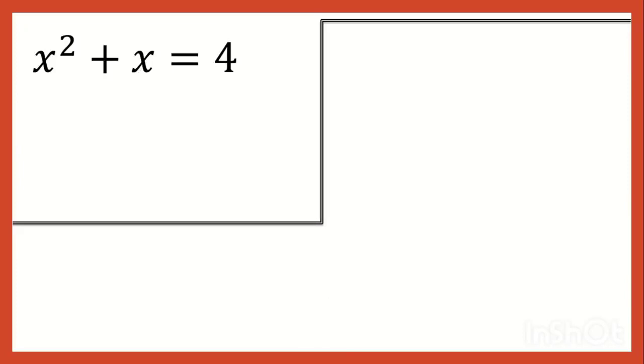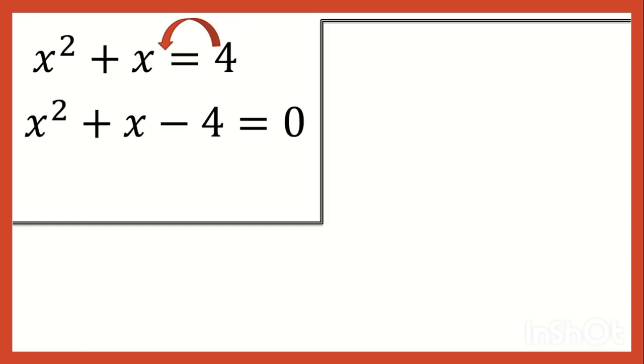Next, how are we going to write a quadratic equation into standard form? So remember, our standard form must be written in ax squared plus bx plus c equals 0. Okay, given the example x squared plus x equals 4, so ililipat natin si 4 for us to have the value of c and equate it to 0.